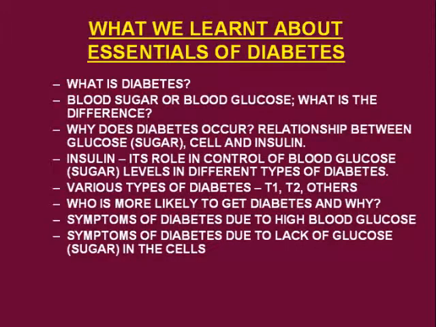We learnt about the role of insulin in control of blood glucose or blood sugar levels in different types of diabetes. We also learned what are the various types of diabetes. We saw who is more likely to get diabetes and why. We also learnt the symptoms of diabetes due to high blood glucose and those due to lack of glucose or sugar in the cells.